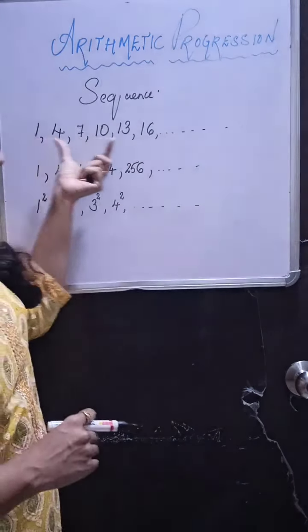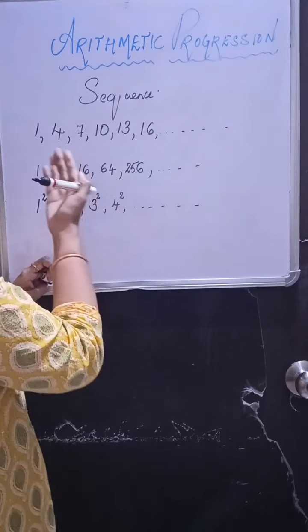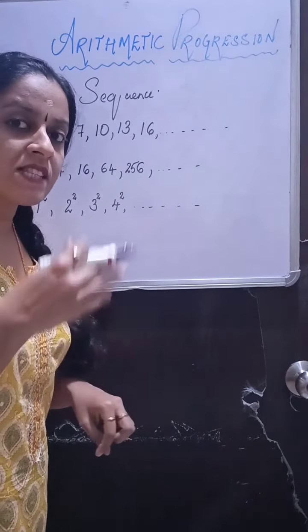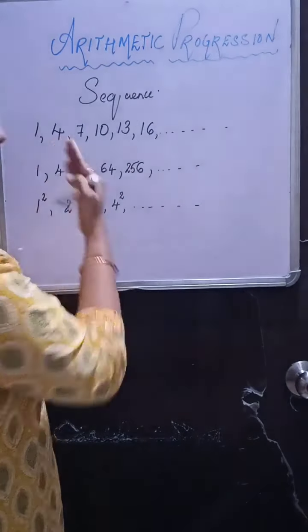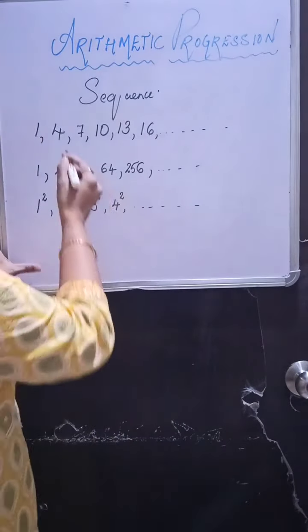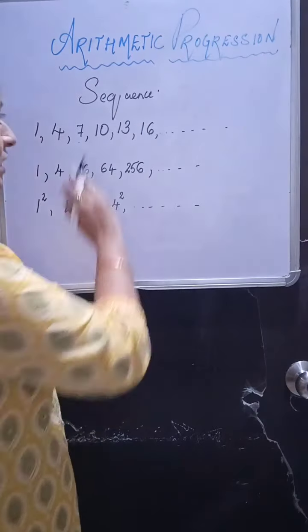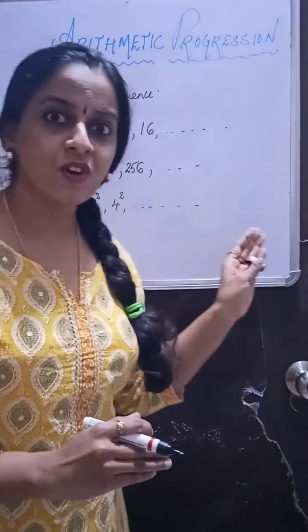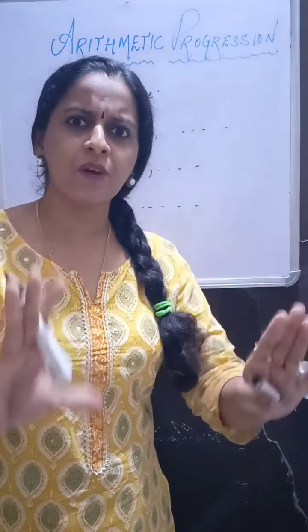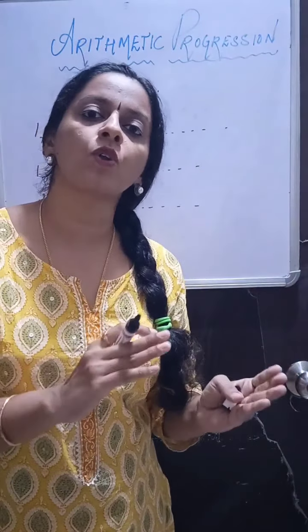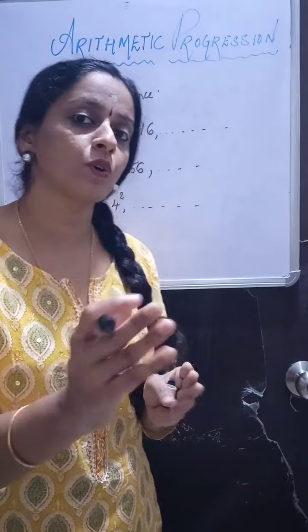If you look at the first sequence, after 1, when are we getting 4? 1 plus 3 will give you 4. 4 plus 3 will give you 7. 7 plus 3 will give you 10 and so on. This is called a sequence. Sequence is an arrangement of numbers where the numbers follow a definite pattern or rule.